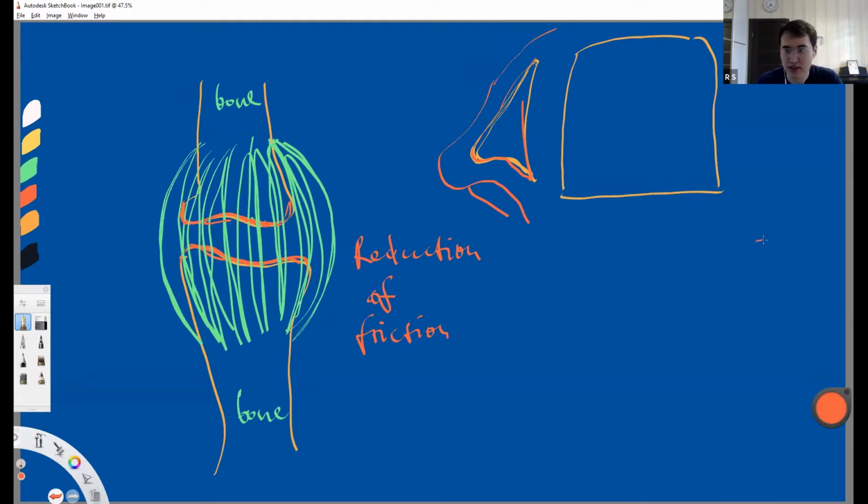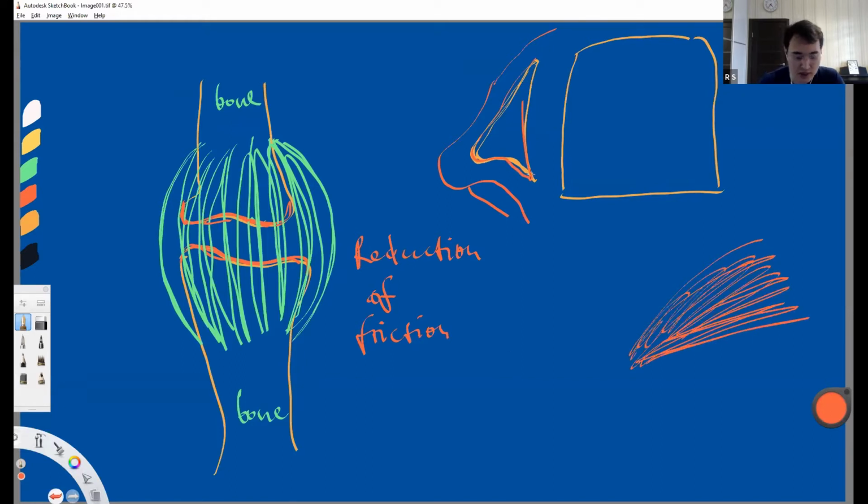For the tendons, let's say we have the muscle, and we need to connect it to the bone. And let's say this is a bone. We need to connect it with something that will be much more rigid than the muscle itself, but also not as rigid as the bone, so it can bend and we can stretch it a little.